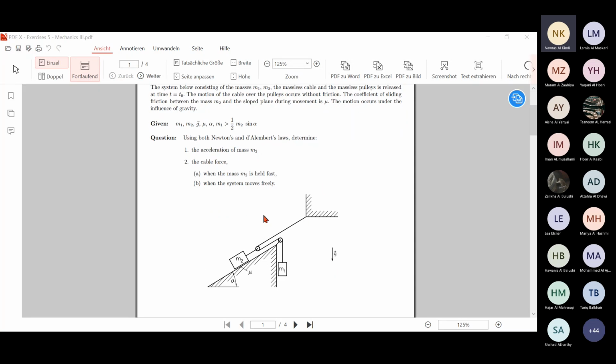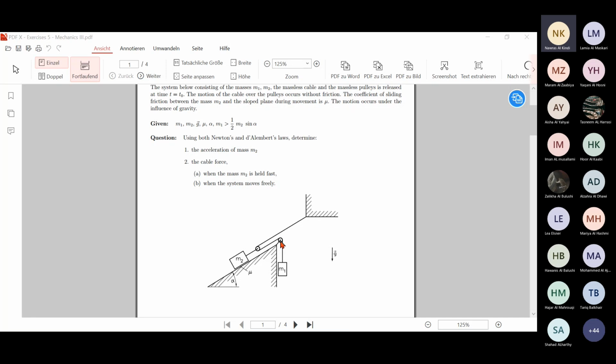Consisting of the masses M1 and M2, the massless cable, which is attached to mass 1 and M2, and the massless pulleys, the two pulleys here, is released at time t equal to t0.